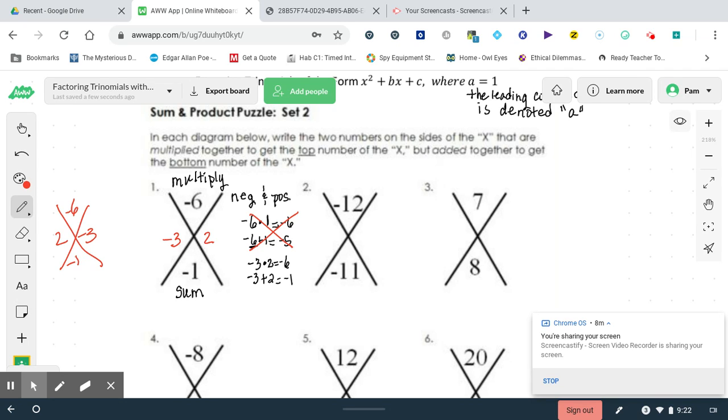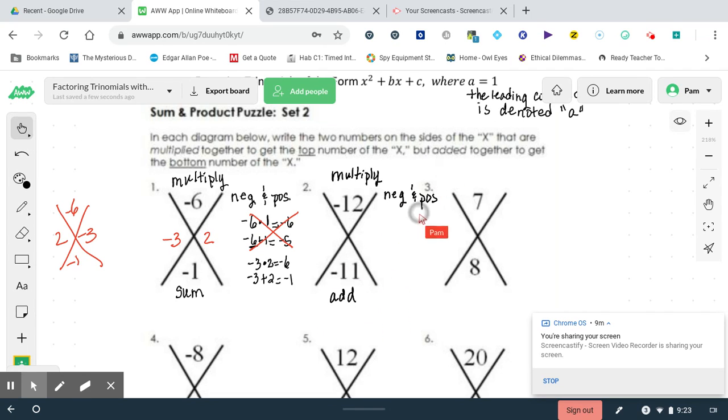All right, so let's take a look at number 2. If you look at number 2, I need two numbers that you can multiply to get -12. And because it's negative, I already know the signs have to be different. It has to be a negative and a positive. And then I need two numbers that I can add together. Sum just means add. To get -11.